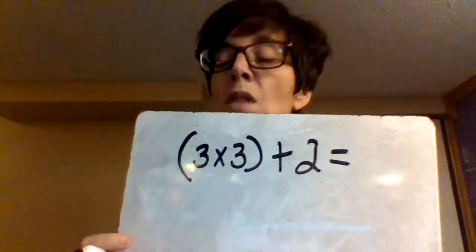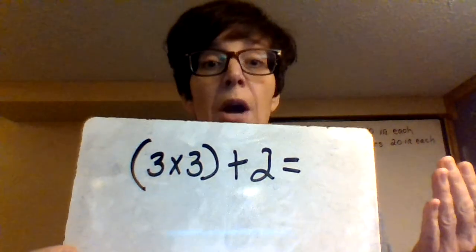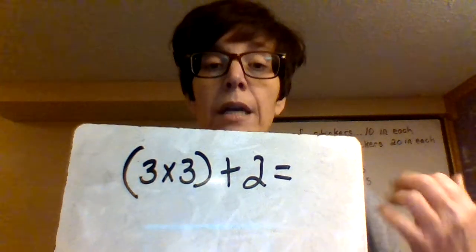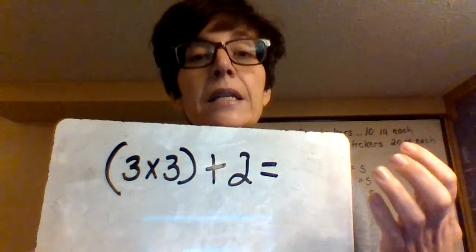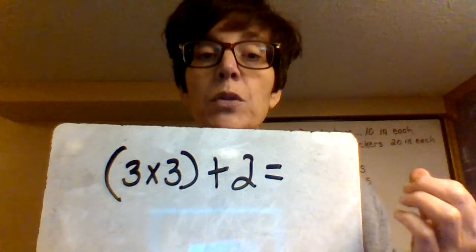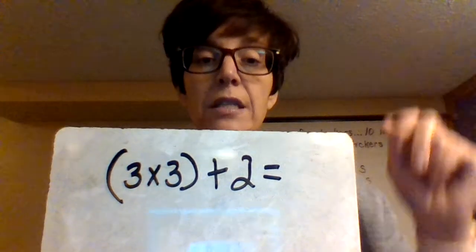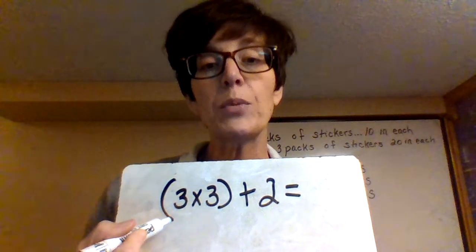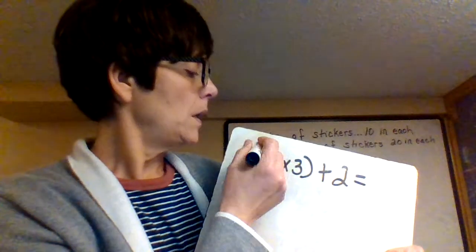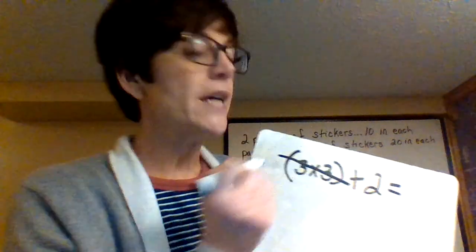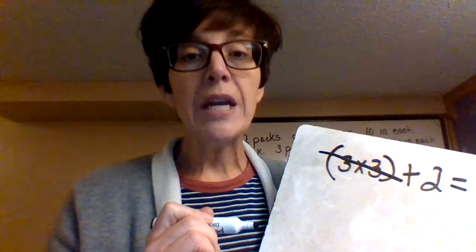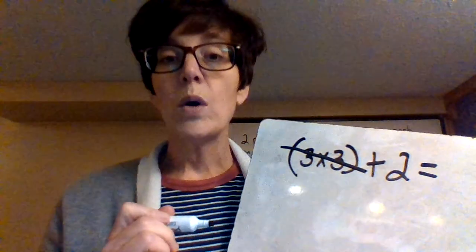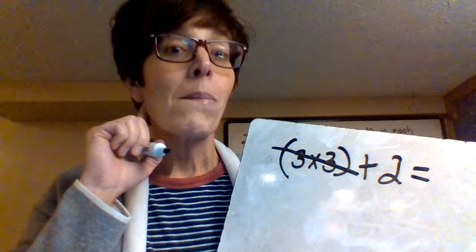All right. So here we have distributive property. We're breaking up some work and breaking it into smaller chunks. We know those parentheses say do me first. So we're going to do the work that's in the parentheses, that 3 times 3. I'm going to cross that out. 3 groups of 3 equals 9.